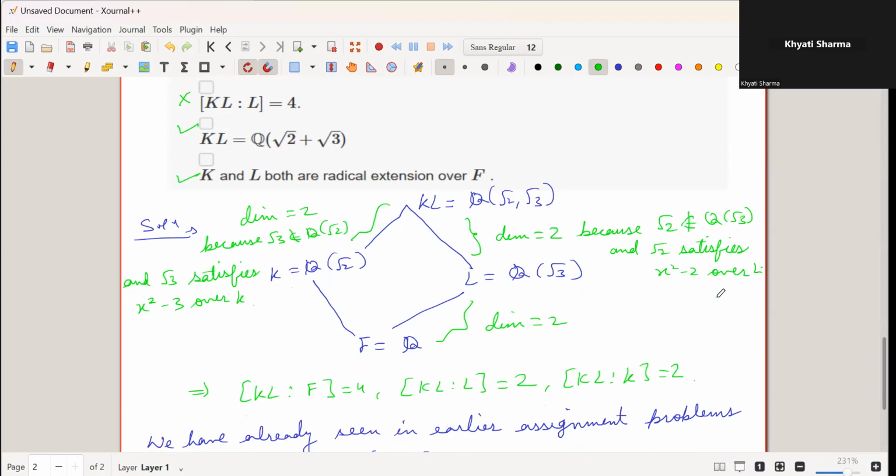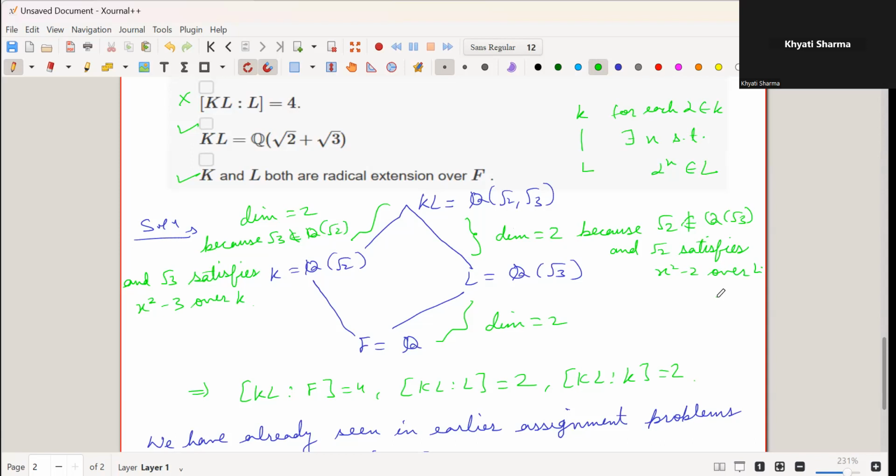Something is called a radical extension of some other field if for each alpha in K there exists n such that alpha raised to n belongs to L. So for Q, which contains elements q, for all q you have n to be 1, and for root 3 you have n to be 2. So root 3 square, that is 3, will be inside this Q, and same here, root 2 square, that is 2, will be inside this field.